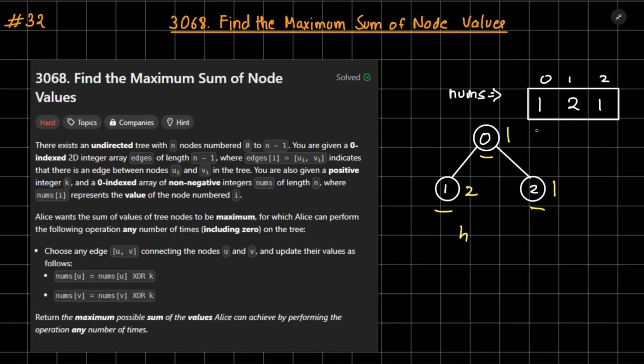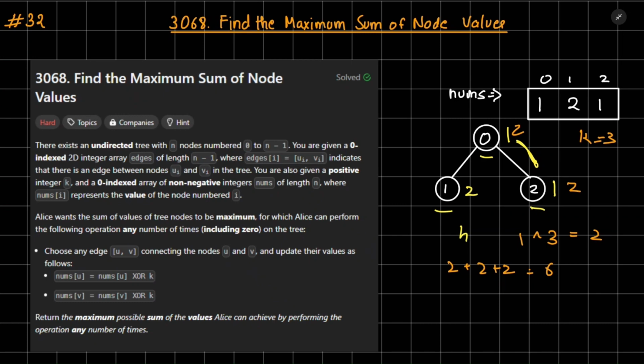And if Alice chooses this edge, then this 2 will become 2 because 1 XOR 3, because in this case our k is 3, sorry I forgot to mention it. So 1 XOR 3 gives us 2, and so this will be 2 for this also and this also. So now our sum will become 2 plus 2 plus 2, that is 6, which is maximum for this tree.